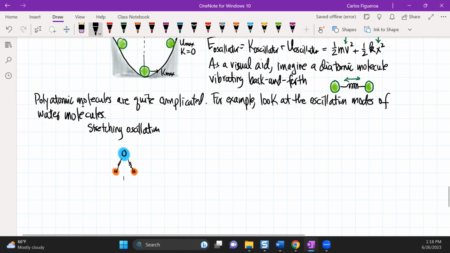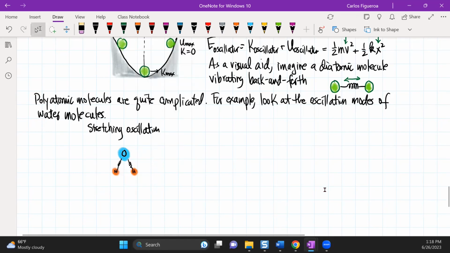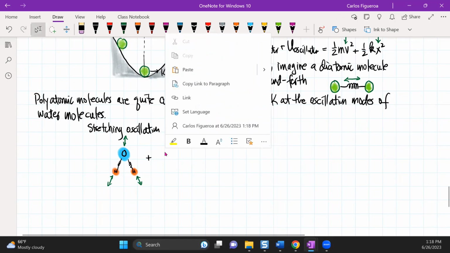You can have oscillations like this that get quite complicated. In other words, here's what you can do. You can get the oxygen to oscillate up and down, as well as each of these hydrogens oscillating back and forth. This is typically what they call symmetric stretching. But that doesn't mean that that has to happen.